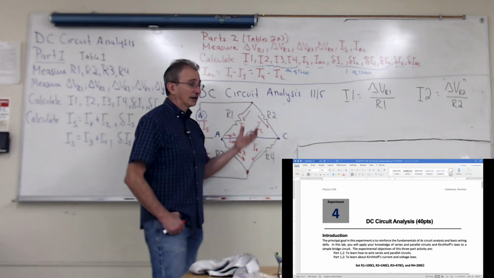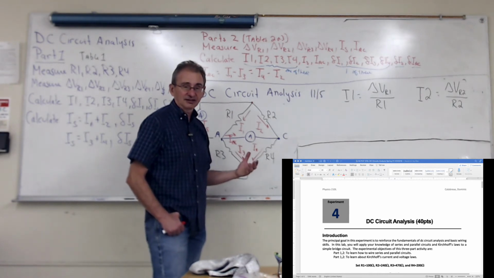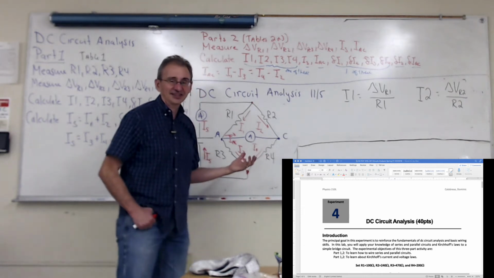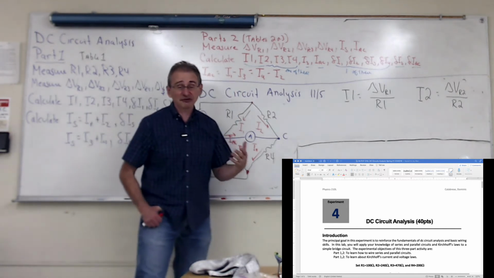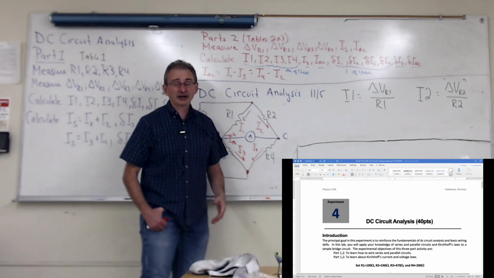Then the next time you do it, you choose a lower current scale, the lowest one you can use, because the resistance is going to be higher. You will get more sig figs, but the resistance is going to be higher.